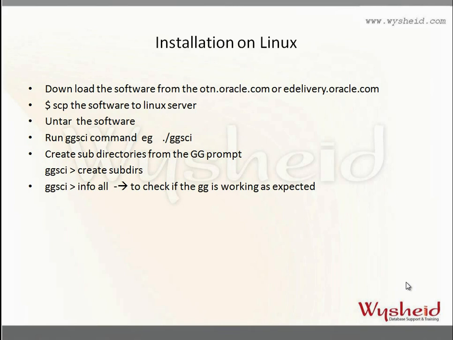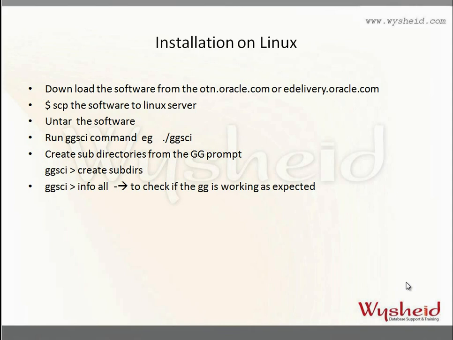This command will create the Golden Gate subdirectories, like the parameter directory, trail directory, temporary directory, etc. For example, dirprm, dirtmp, dirdat. These are the different directories created by the Golden Gate installation process.